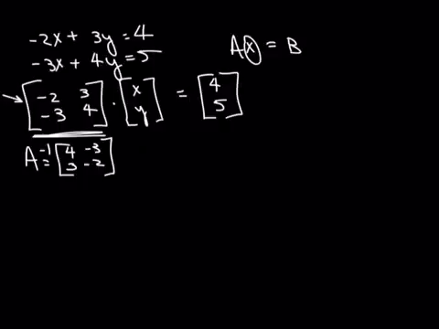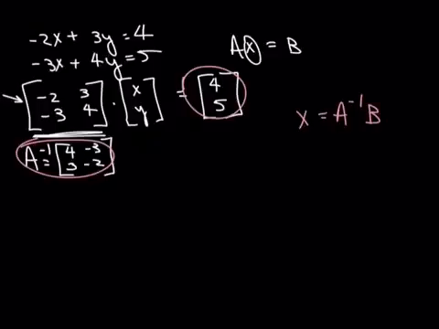Now if we take our inverse times our b, we will get our answer. Because see what we've got here? X equals A^-1 b. This is from the middle of page 486. So that's what we're going to do. They give us a matrix, we find the inverse, we multiply it by this, and we're done.